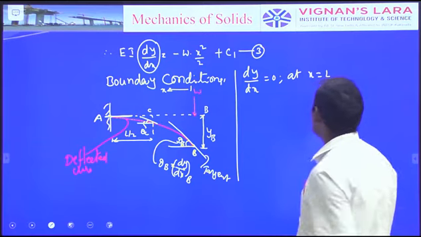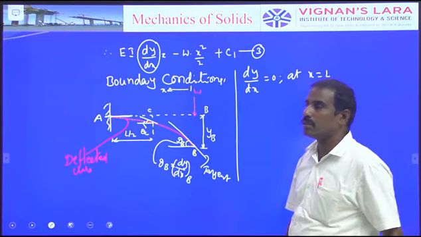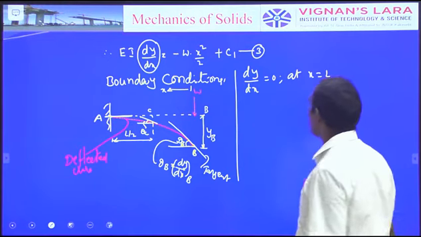Substitute x is equal to L and dy by dx is equal to 0 in equation number 3.